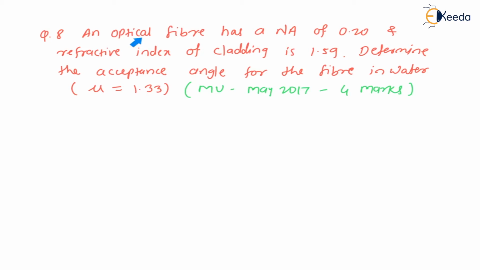Here they have mentioned the numerical aperture of 0.20, and then we have the refractive index of cladding as 1.59. So first of all, we'll write down the given quantities. Here this is NA, and the value of NA is 0.20. Then the refractive index of cladding, mu2, is 1.59.